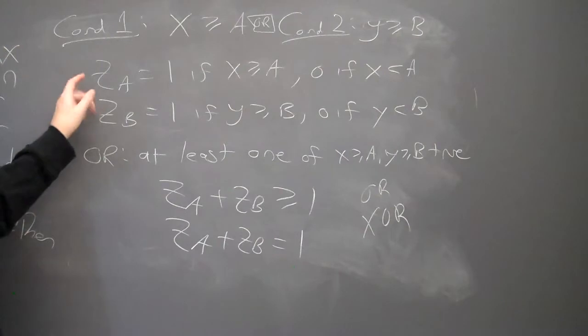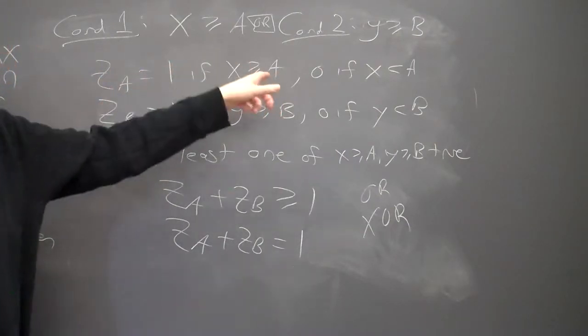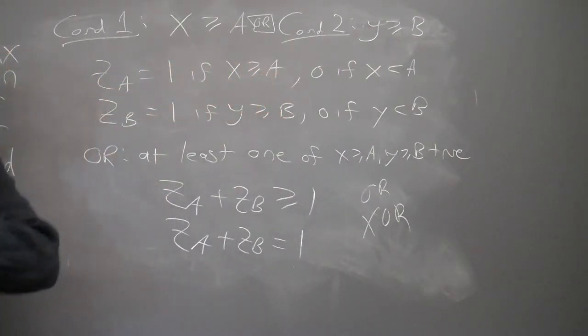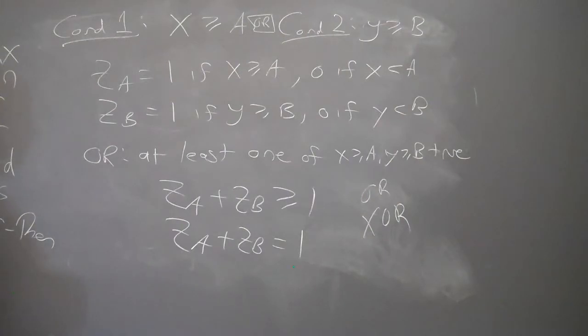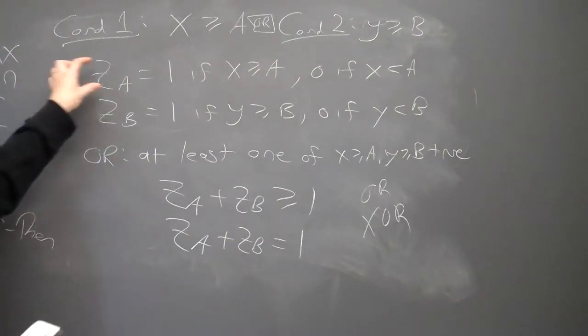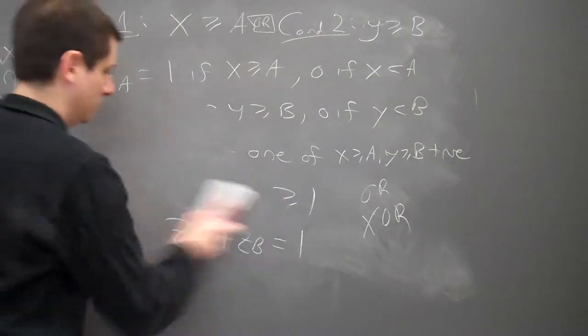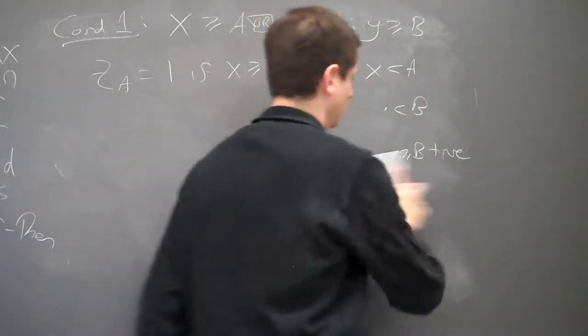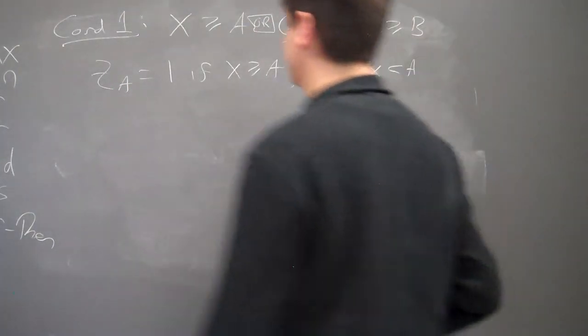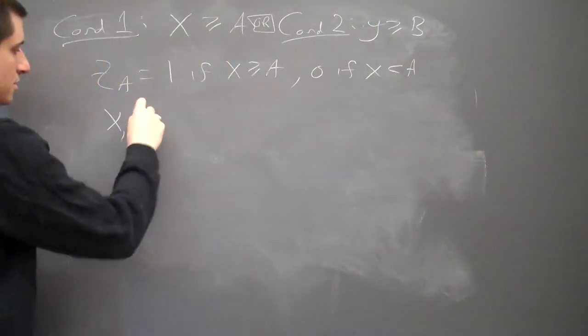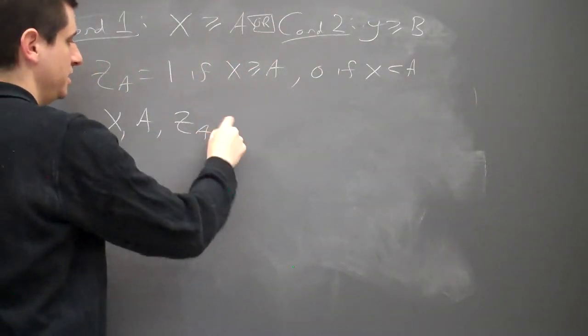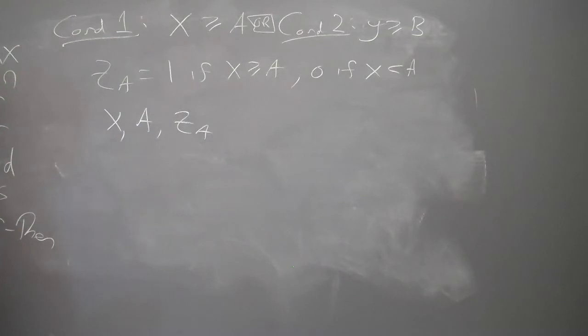So now it all comes down to, can I write a detector condition that ZA equals 1 if x is greater than or equal to a and 0 otherwise? So does everyone agree we just have to figure out how to do this and we're done? Okay. So the inputs, we've got to have x, a, and ZA come into our relationship.